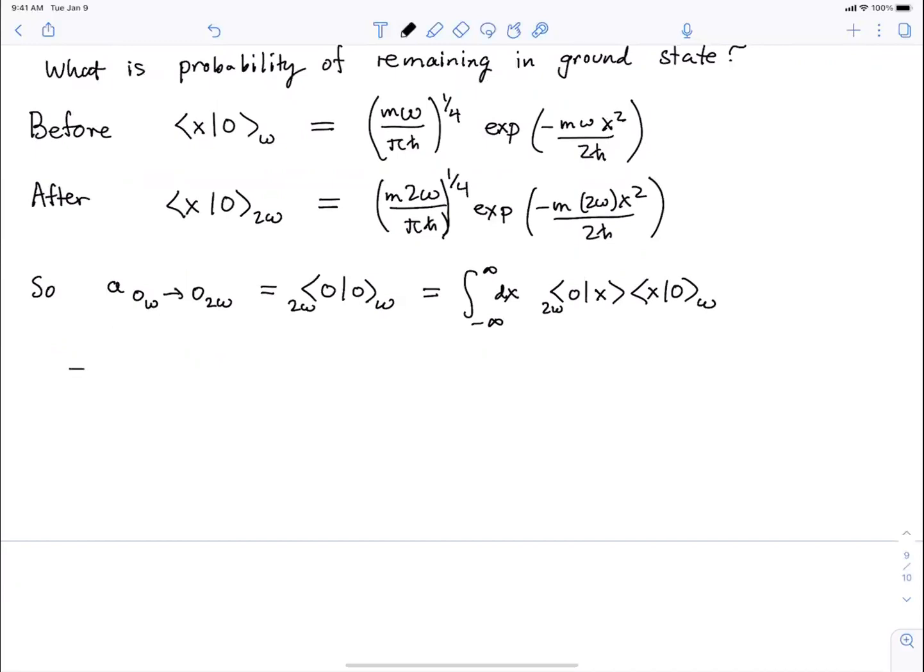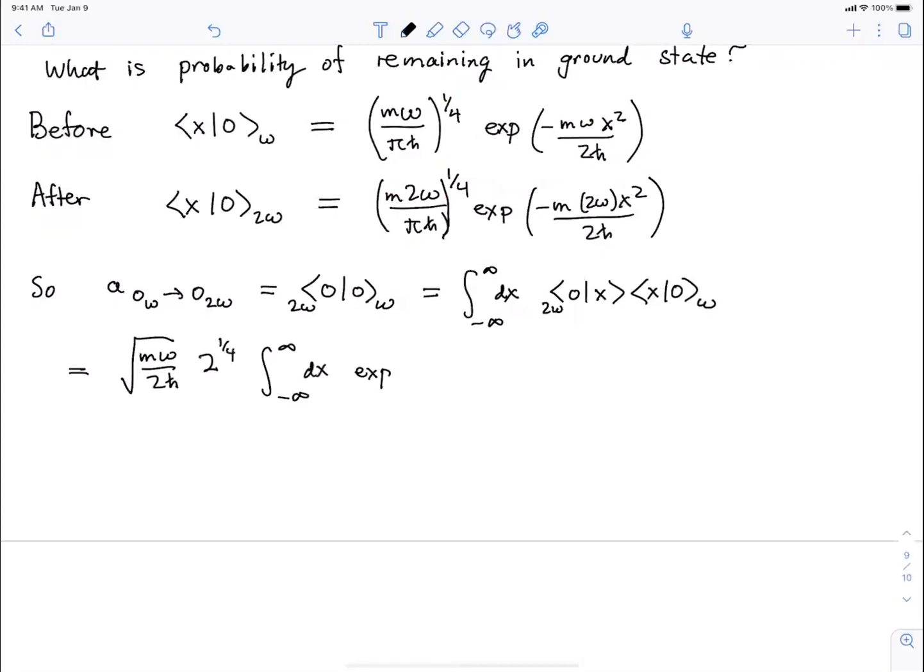So this is equal to, pulling out the constant, there is a square root of m omega over 2 h bar. But we can't forget that there's an extra factor of 2 here, which comes with a 1/4 power. So let's write that down, 2 to the 1/4. And then everything else we can't pull out of the integral.